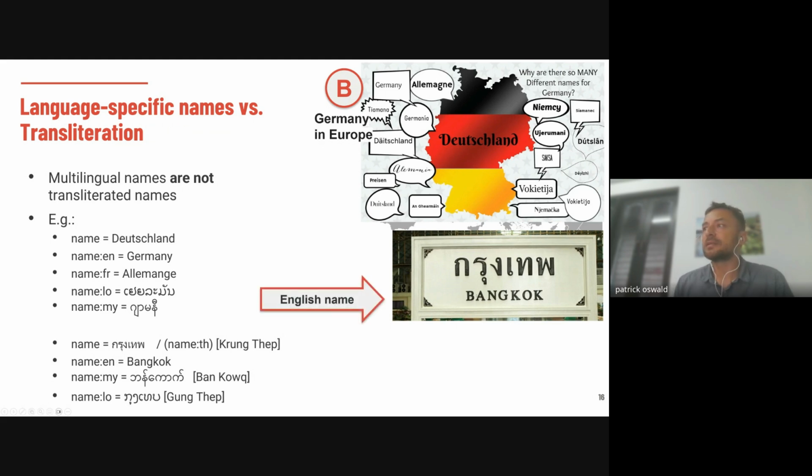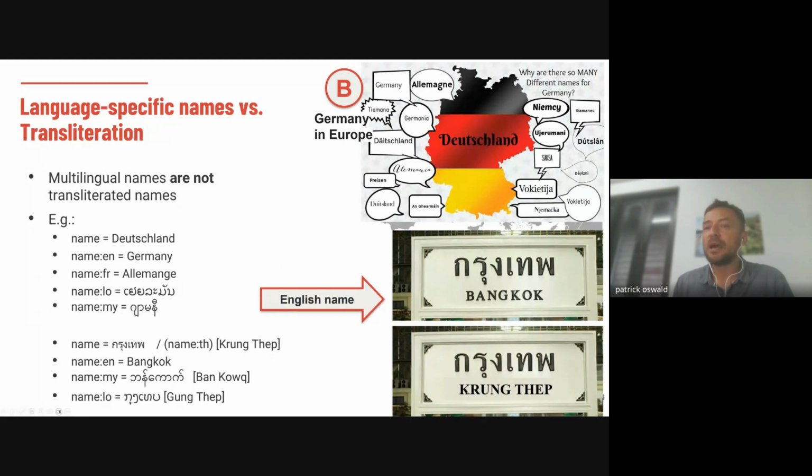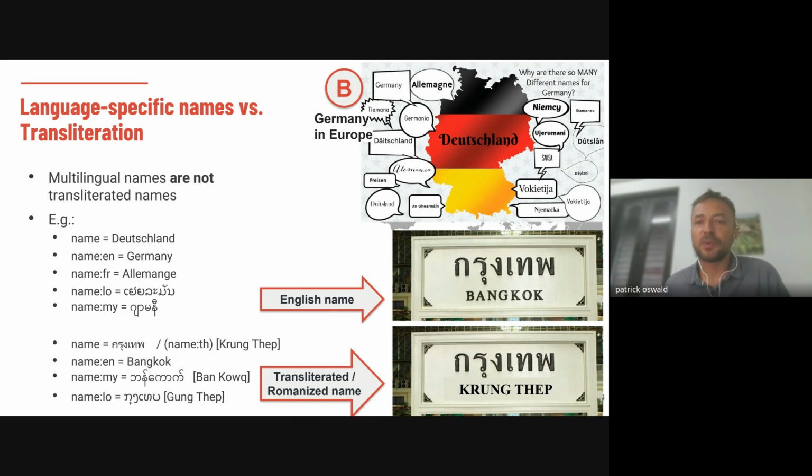So this one here is the English translation. Now, what is a transliteration? A transliteration would be Krung Thep. The transliteration in Latin script is Krung Thep in Roman letters. So just be aware of this when we talk about translation and transliteration.